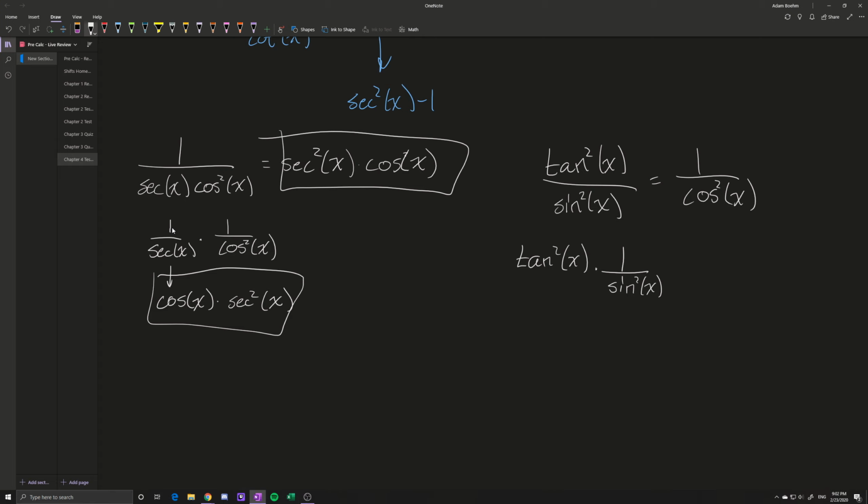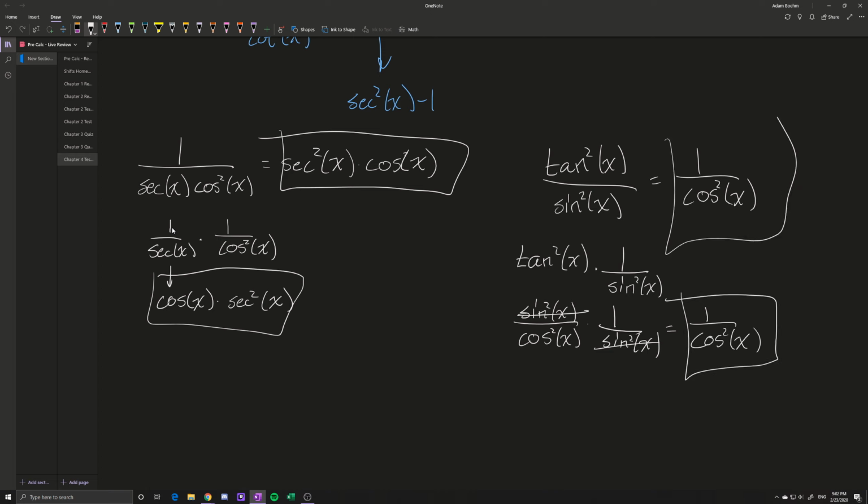Tangent we can rewrite as sine squared over cosine squared. When we multiply these two things together, these sines cancel, which is just 1 over cosine squared of x, which is what we're trying to prove.